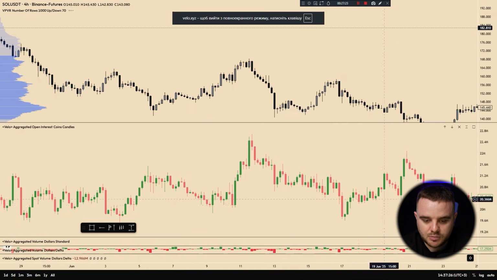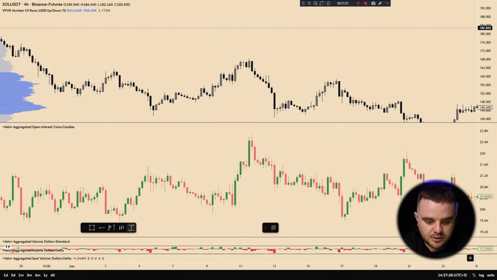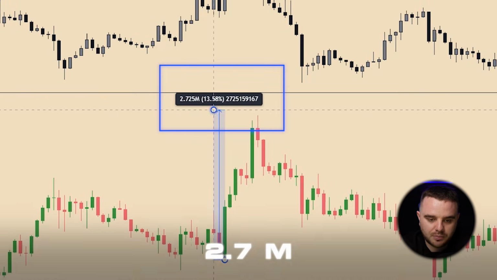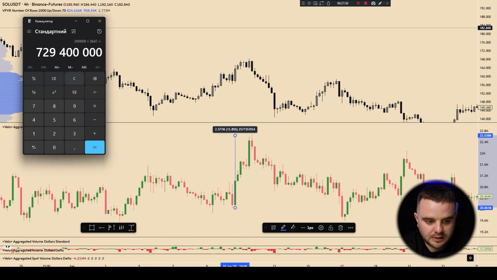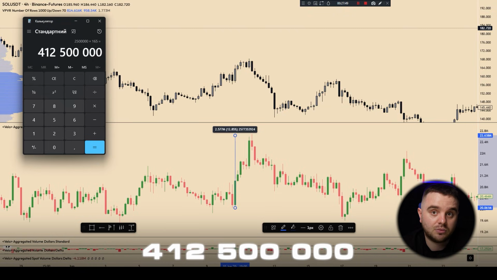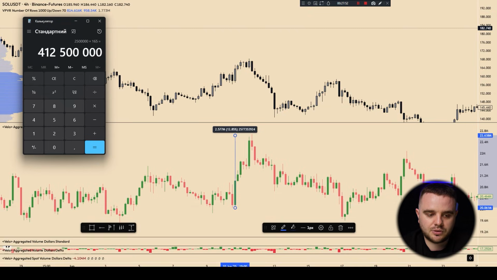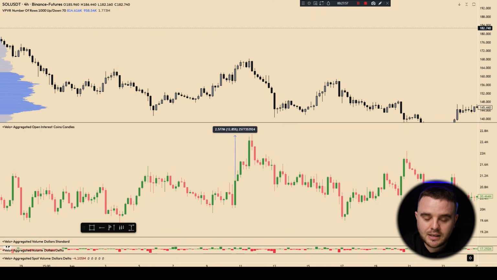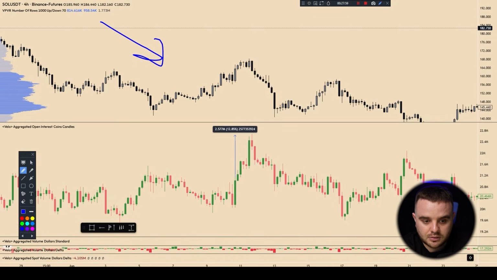At this tiny moment, open interest increased by 2.5 million contracts. If we multiply 2.5 million Solana contracts by the average price of 165, it is nearly 400 million worth of positions in USD, my apology. That's a lot for Solana. Plus, in a tiny area, you have good trend continuation.